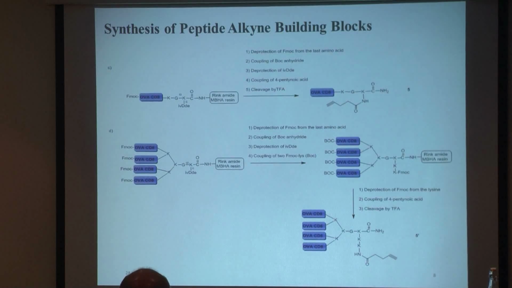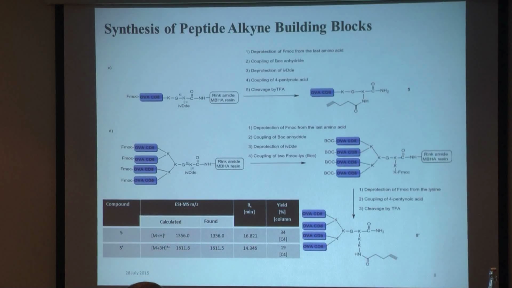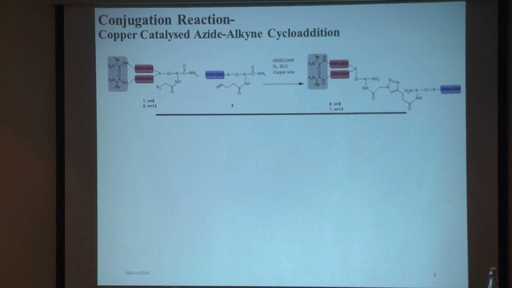And also I synthesized another building block containing OVA CD8 with an alkyne functional moiety, which contains 1 or 4 copies of OVA CD8, and again I purified and characterized them to find the pure compounds. Then I did a conjugation reaction to conjugate these lipopeptide azides with peptide alkynes using a click reaction.